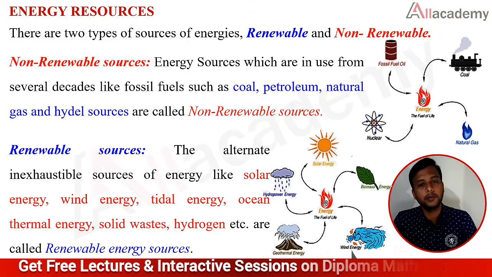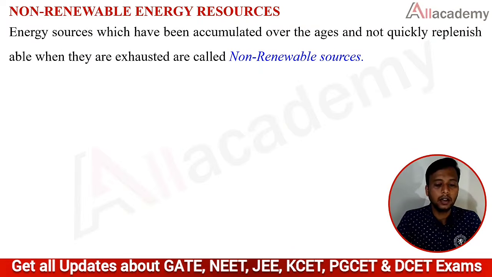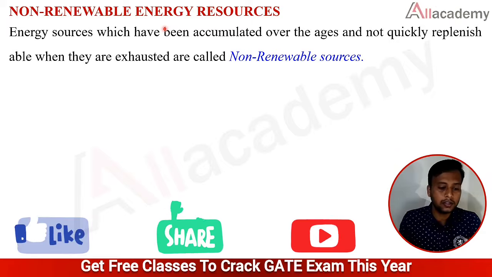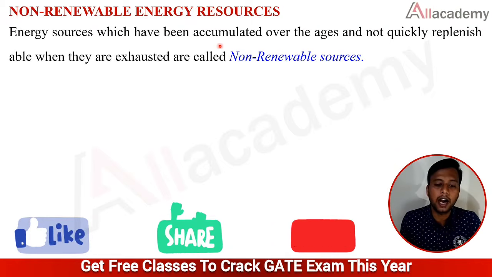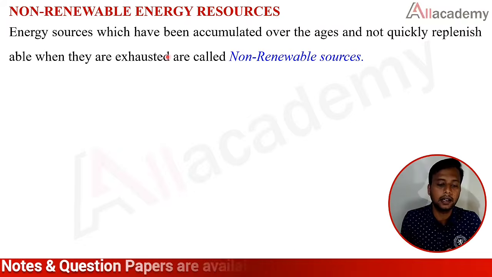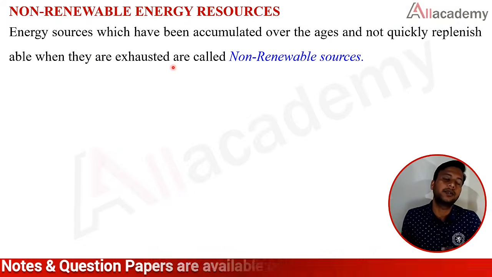So there are two types of energy resources: one is renewable and the other is non-renewable. Let us study non-renewable energy resources in detail. The energy sources which have accumulated over the ages and are not quickly replenishable, when they are exhausted, are called non-renewable energy sources.